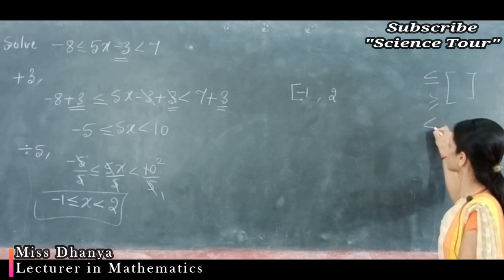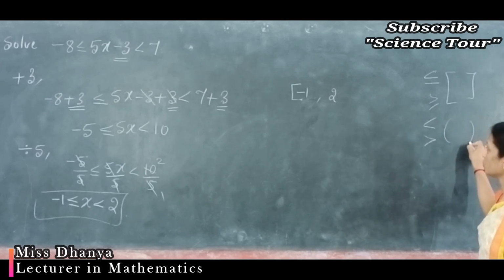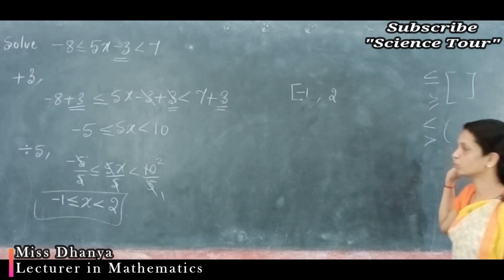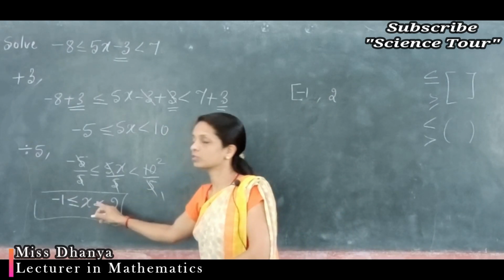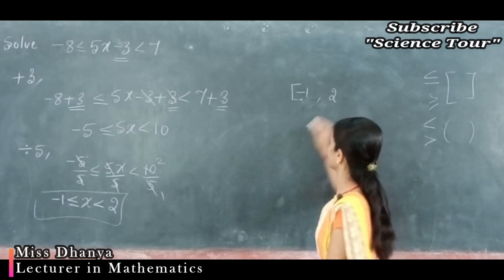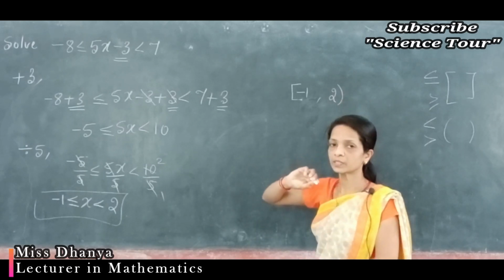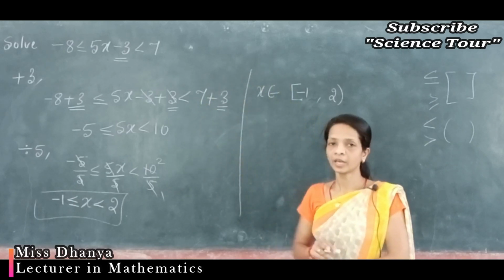If you have strict symbols, less than or greater than, then you have to use an open bracket or round bracket. And on the 2 side, a strict symbol is there, so on this side you have to use an open bracket. So this is the solution of that inequality.